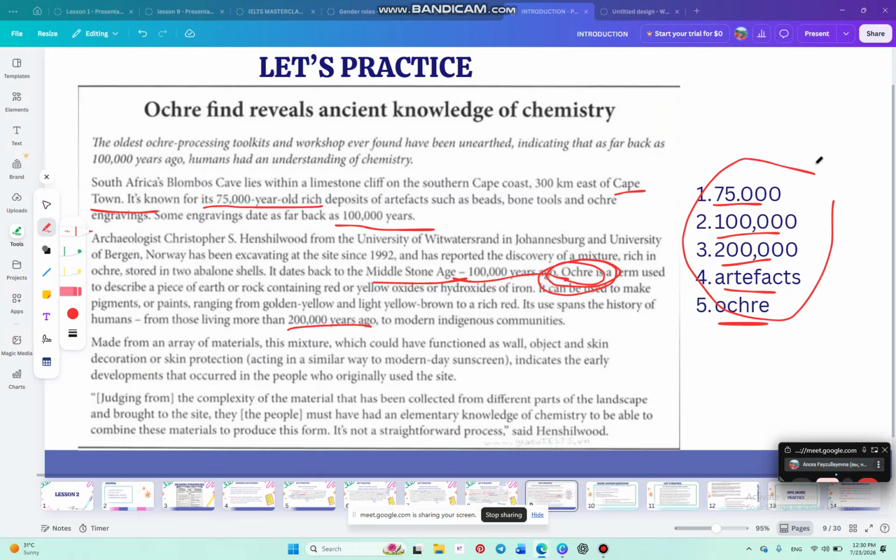I can't find it here. I can't find this word. Why? It is above the passage, in the first or second paragraph.